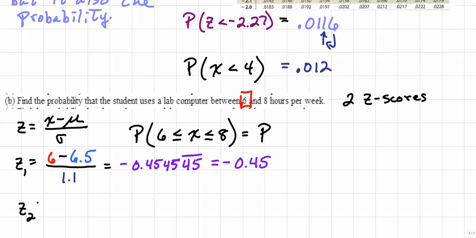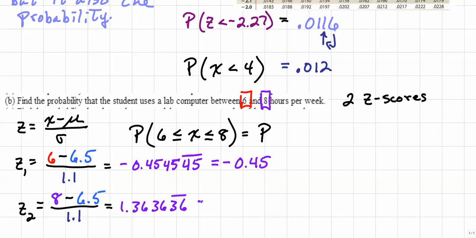So z sub 2 will be equal to, and we're looking at a value of 8 here. So it'll be 8 minus 6.5, and we'll divide that by 1.1. And that will be equal to 1.363636, and that again is repeating, so we will round that to 1.36.